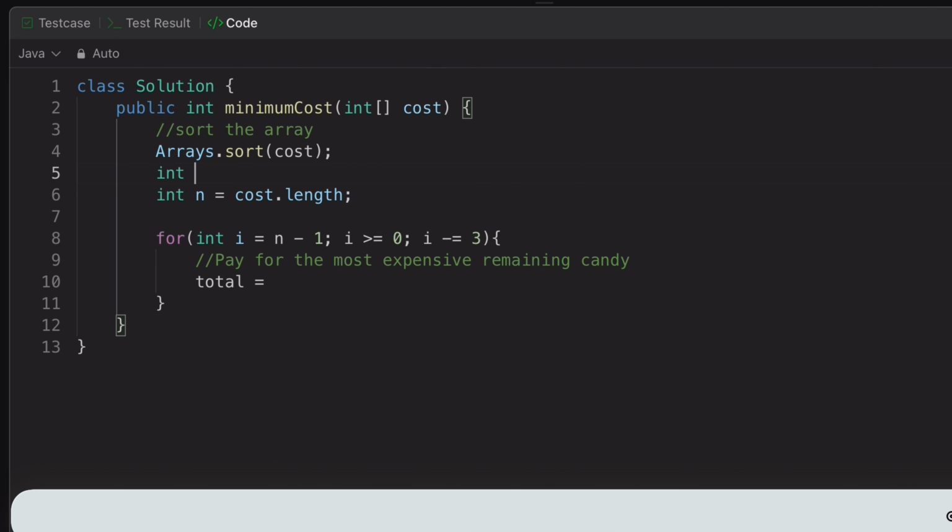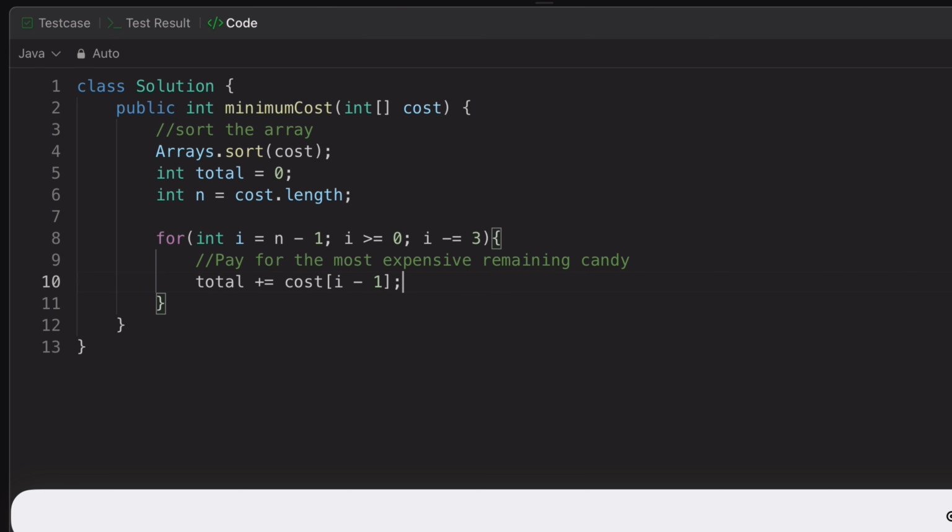So int total, and it starts from 0. The very first thing, you add the cost. So total plus equal to cost at I minus 1, like this you will do. Means we'll start from I, and the I minus 1 is our cost, right? Because we want from there.